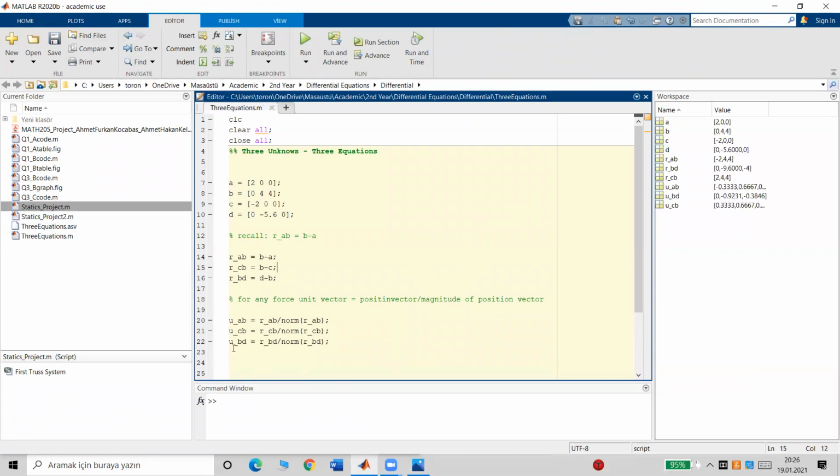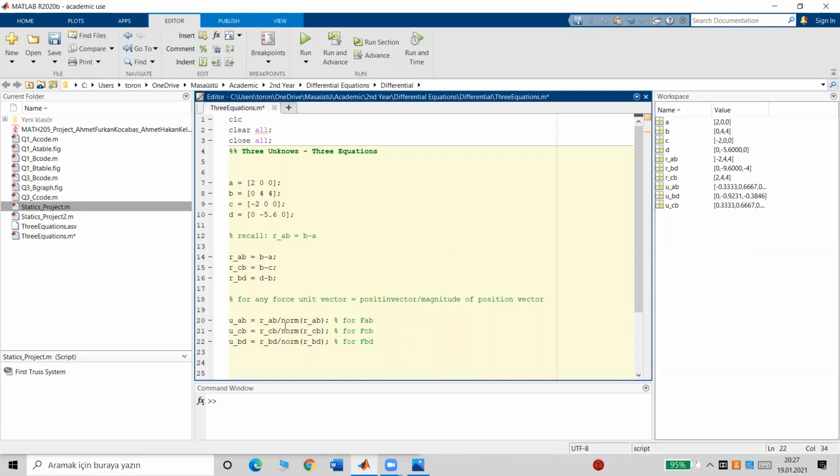So yeah, we have defined position vectors. By using position vectors, you're able to define unit vectors. Now, this is for FAB. This is for FCB. This is for FBD, right?